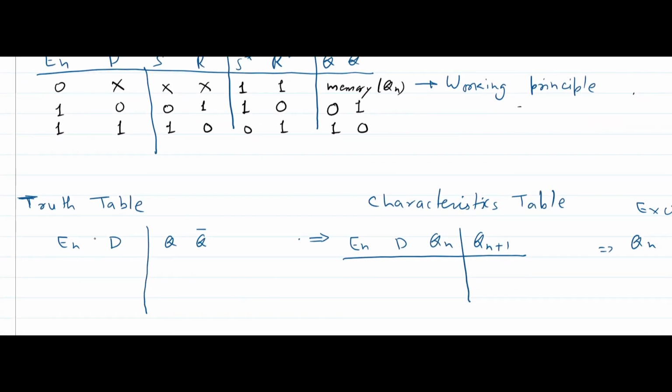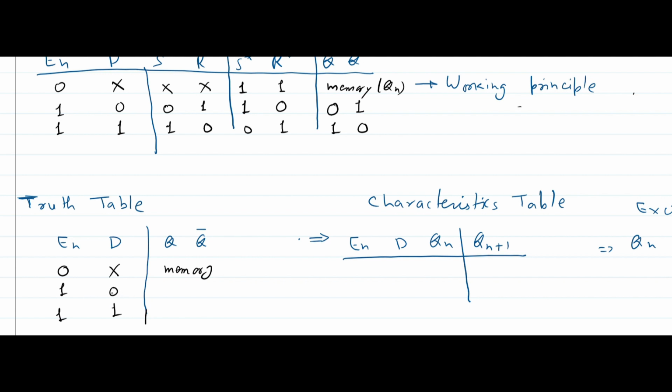So in the truth table inputs will be 0, 1, 1. When enable is 0, I don't care about D. My Q and Q bar will be memory only. That means in D latch, if my enable is 0, my output will not change at all. And when EN is 1, depending on D values, my output will change.